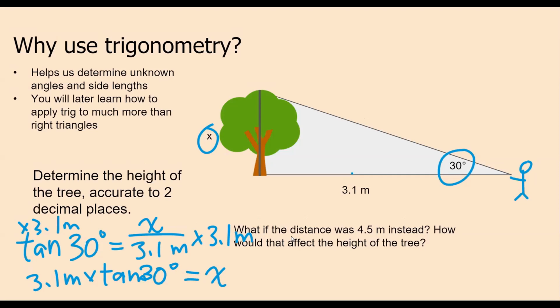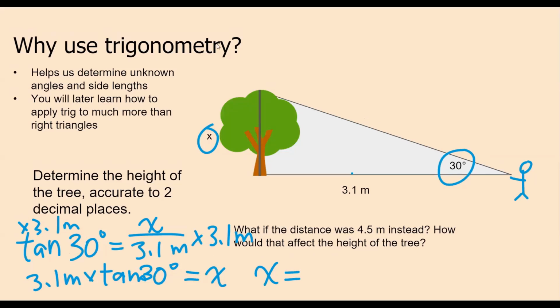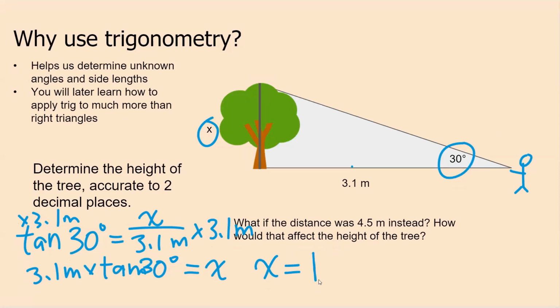This gives us 1.789 and so on, and we want to find it accurate to 2 decimal places. So we're just going to round that up to x is equal to 1.79 meters.